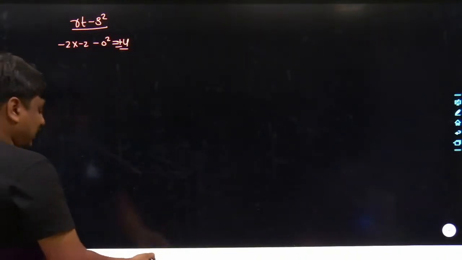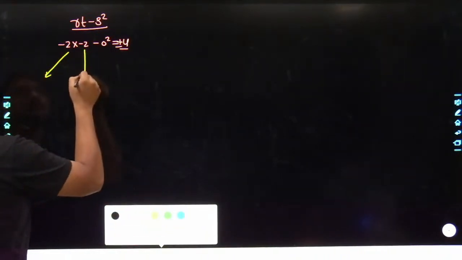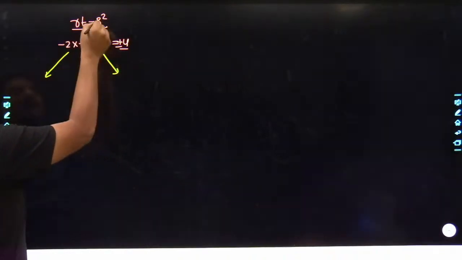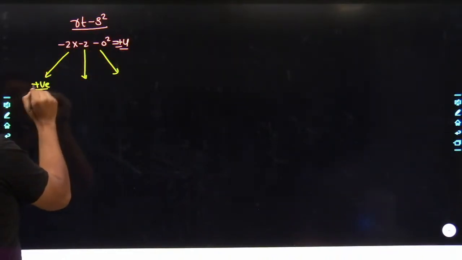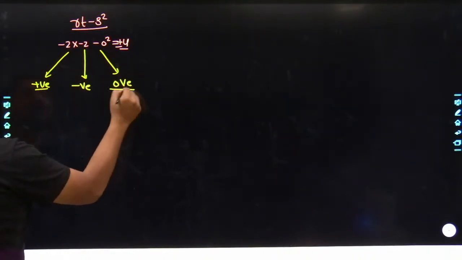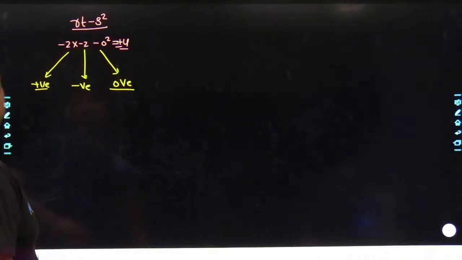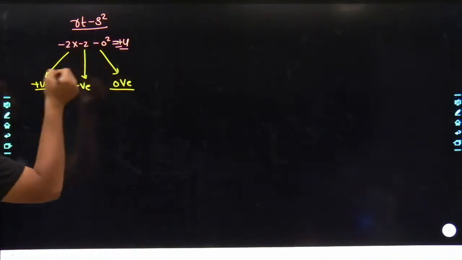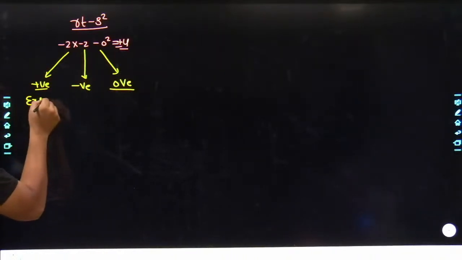My dear friends, the RT minus S square test can land into three different situations. RT minus S square can lead to a positive outcome, a negative outcome, or neither negative nor positive. If RT minus S square leads to a positive value, that means the stationary point is a point of extrema.